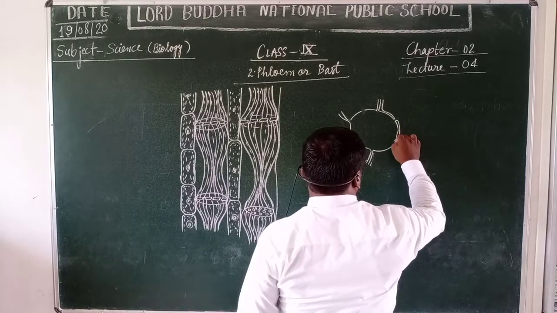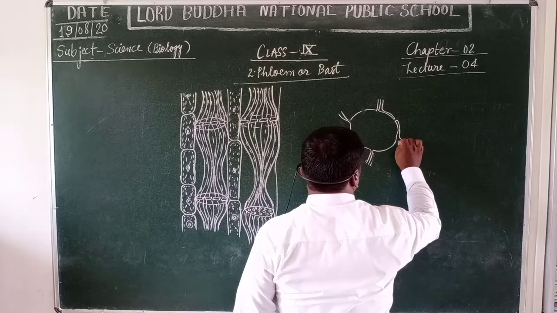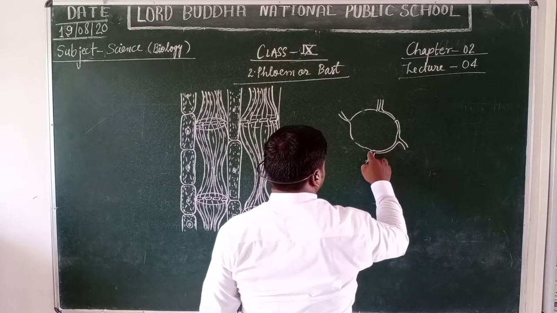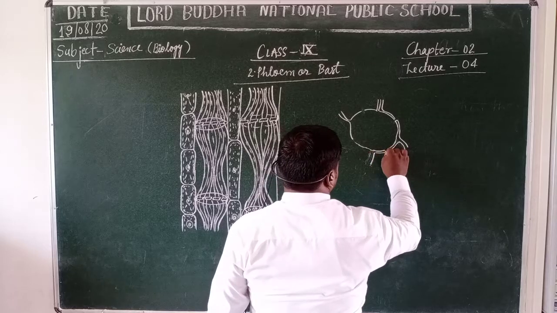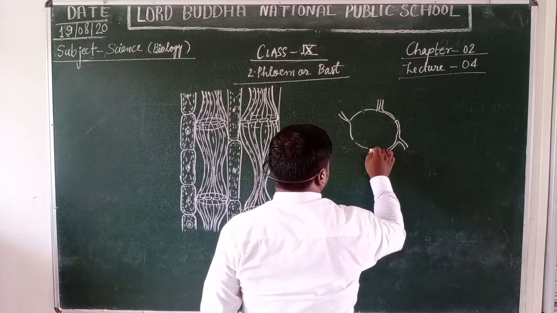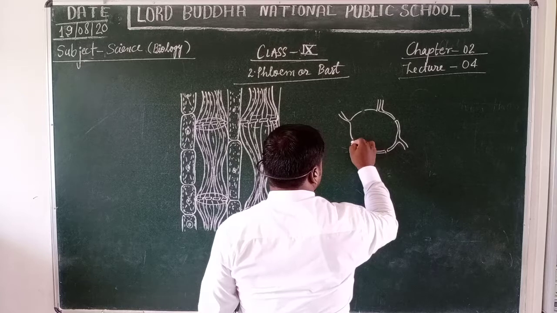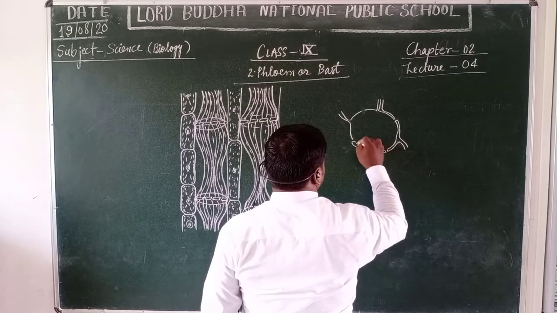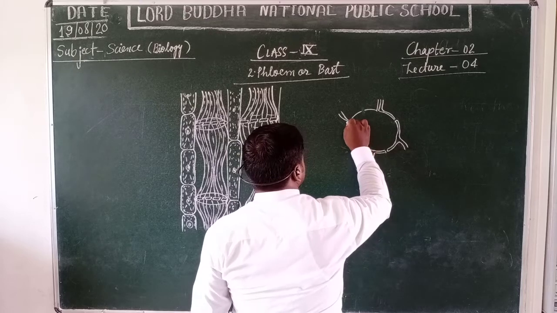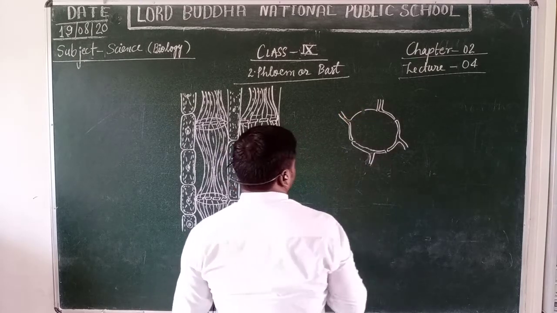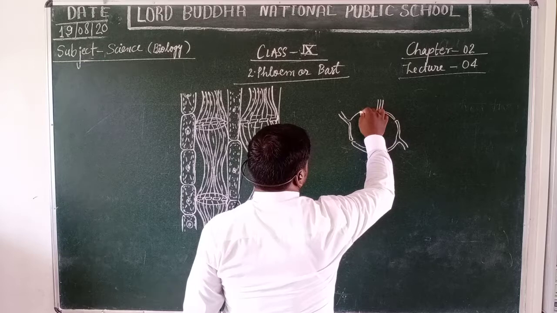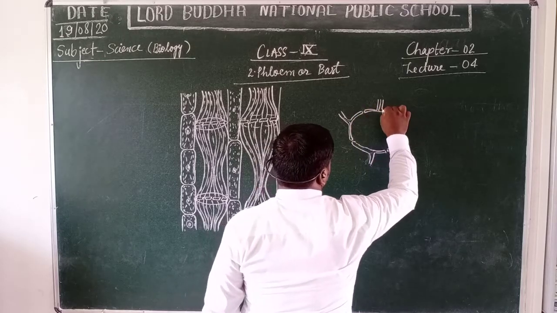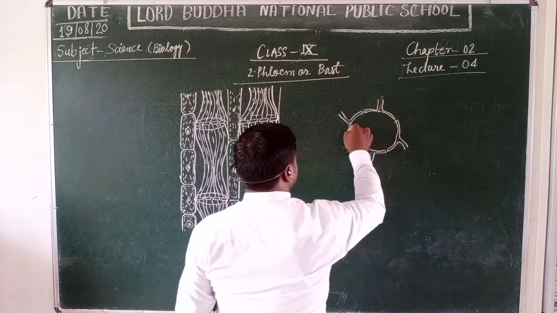These pits help in the passage of substances from one cell to another, and make it easy to exchange substances between one cell and another. Now, closely related to this is the companion cell also.